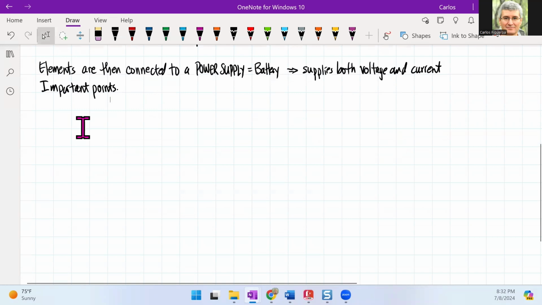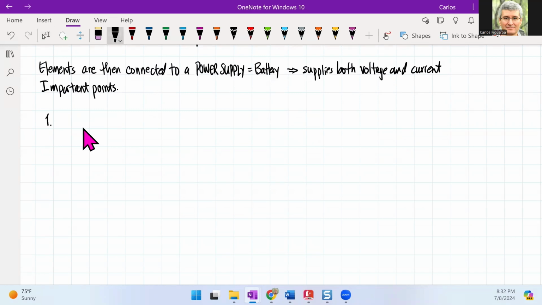The first one is wires. Wires in circuits form equipotentials. And what that means here is that this is a single potential, which is meaningless.